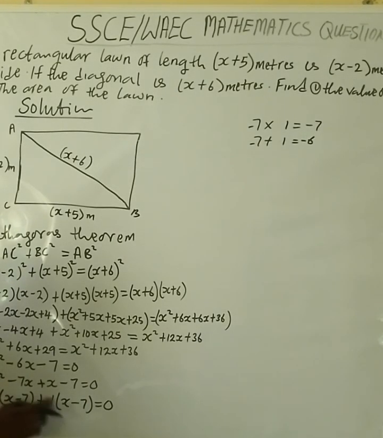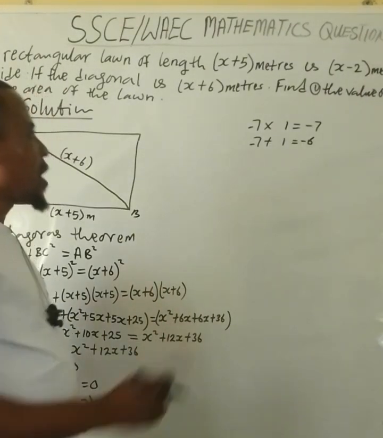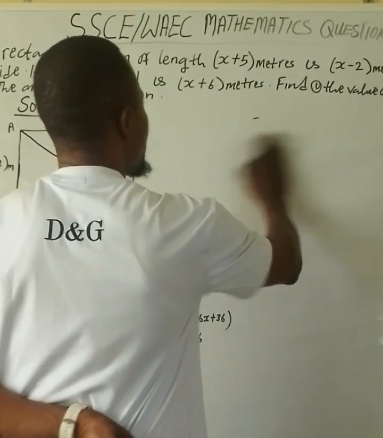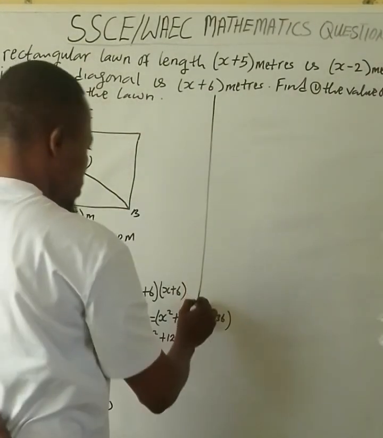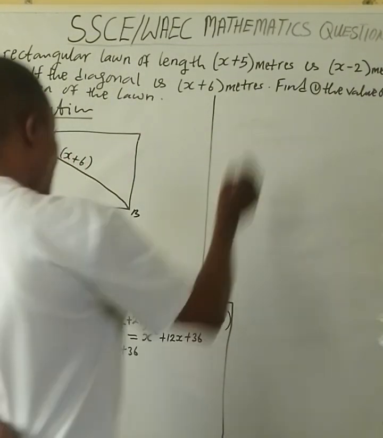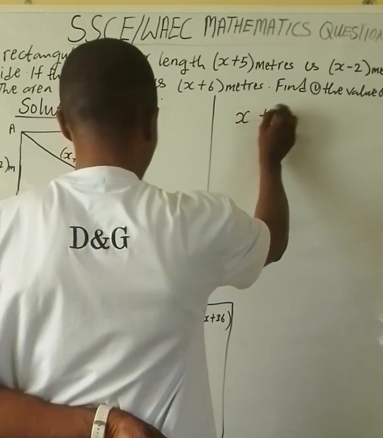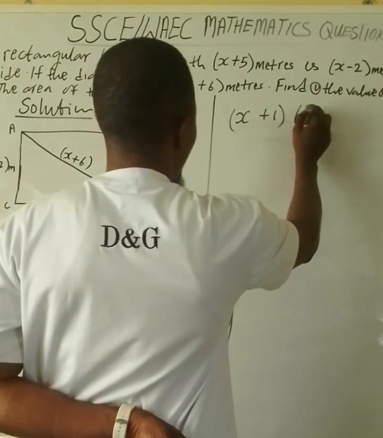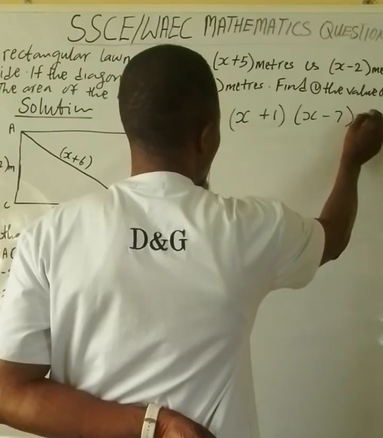So we now group our common factor together, x plus 1. Then we pick one between these two that they are equal, so x minus 7 equals to 0. So now, with what we have, let's write it. We have x plus 1 into x minus 7 equals to 0.